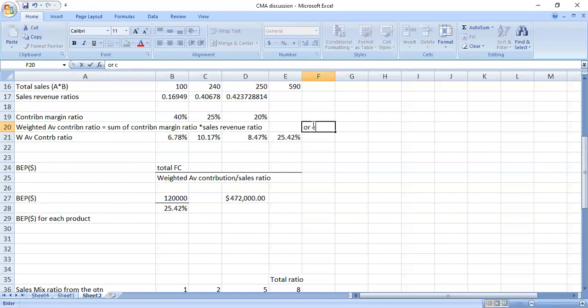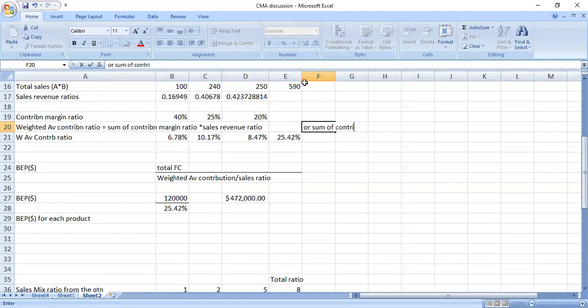The weighted contribution for all products says you multiply sales mix ratio times contribution per unit, then you get the summation of all the products.